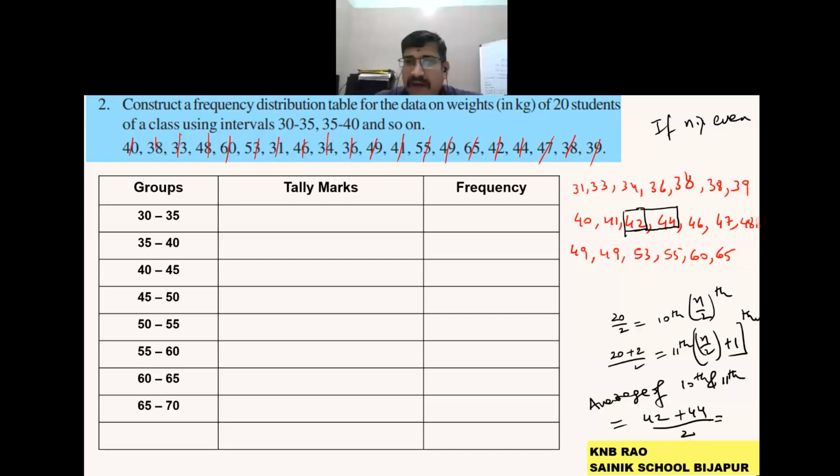Average is always the sum of the observations divided by the number of observations. The 10th and 11th are only 2 fellows, so the 2 fellows are added and divided by 2. So 43 is the average weight. Have you understood how to do it if n is even? Okay, Pritam? No, sir.